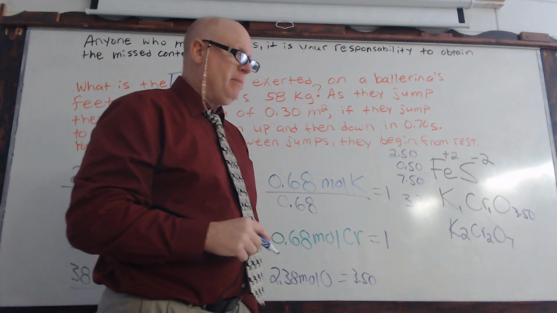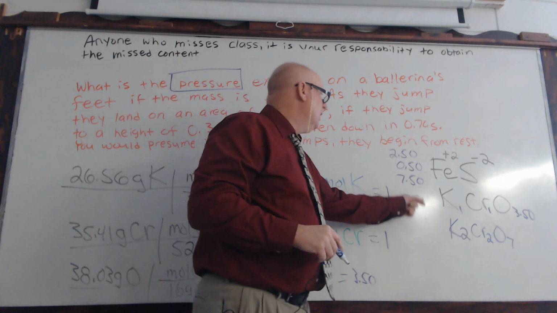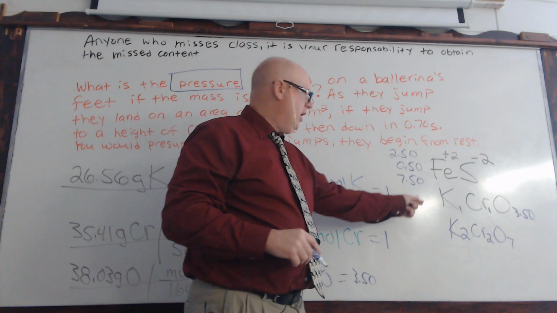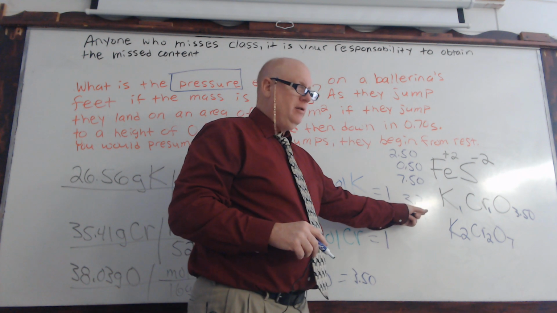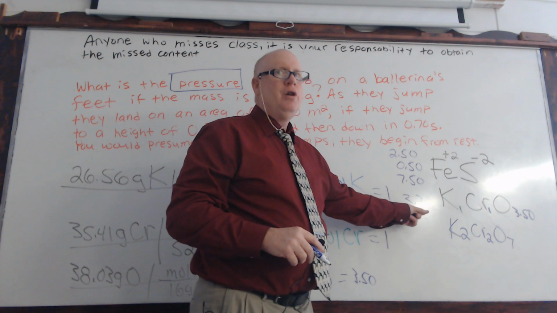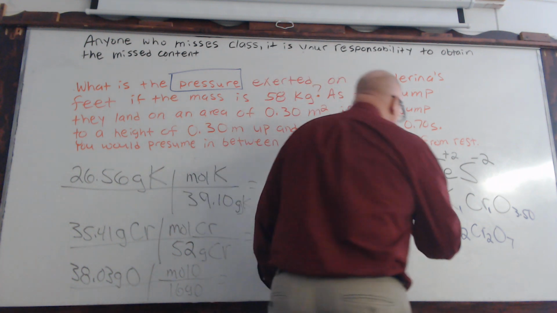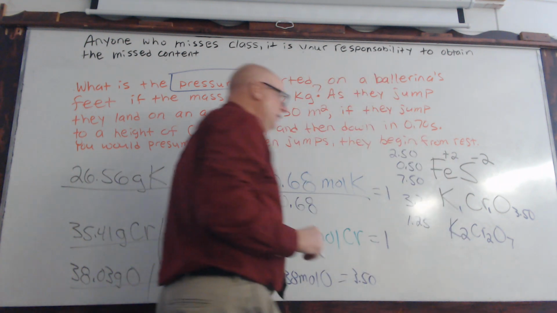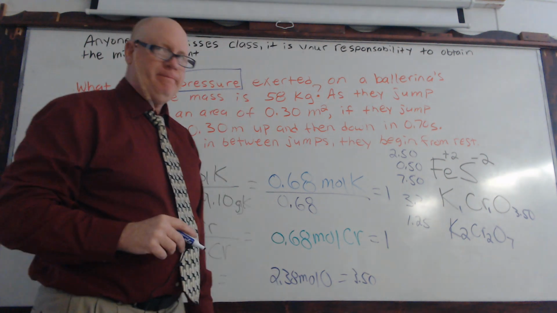You would multiply it by 3 because you're on a third. This is on a half, you double it. If it's on a third, you don't double it, you triple it. And then if it ends up on a quarter, you quadruple it.